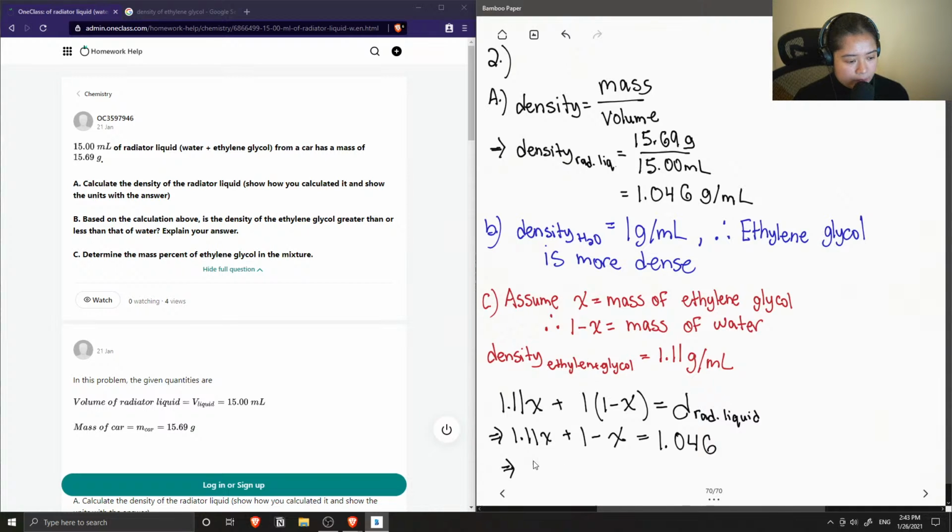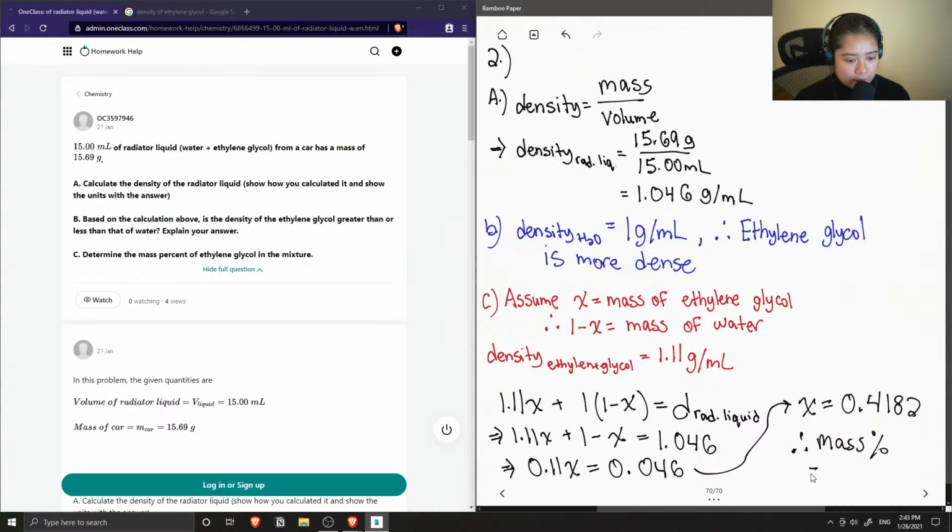You end up getting 0.11x is equal to 0.046. So x is equal to 0.4182. So therefore, our mass percent of ethylene glycol is 41.82%.